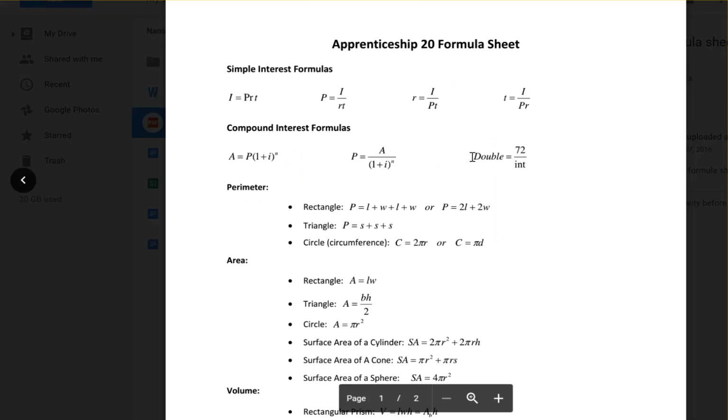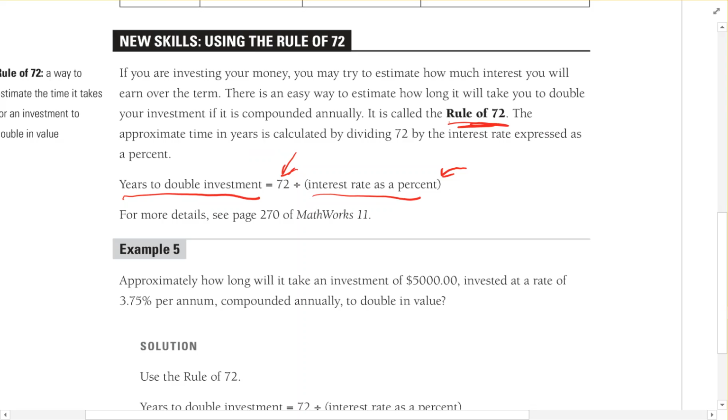Right here, double is equal to 72 divided by interest rate, and that's as a percentage. If you want to write on here, I can't write on this one, but write it as a percentage, not a decimal. Whatever you have to do to remember that. That's the only way you can mess this up, if you put this as a decimal like we usually do. It needs to be a percentage. So write that on there.